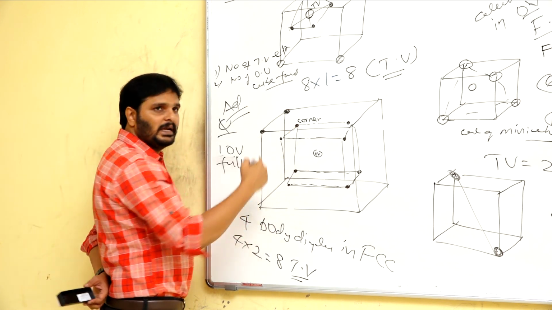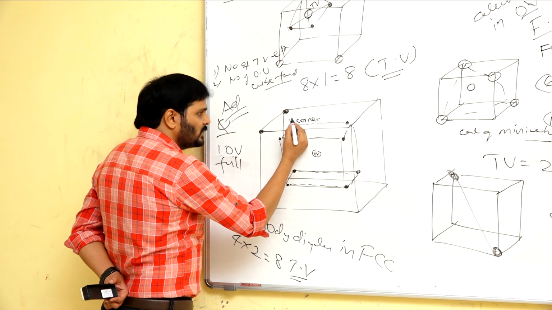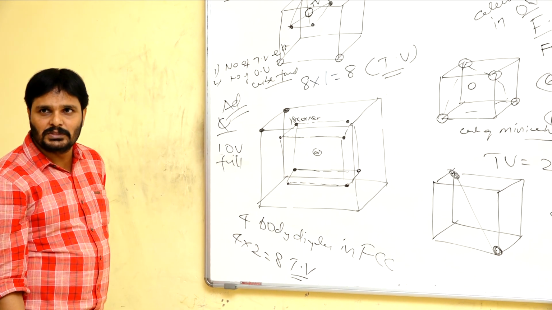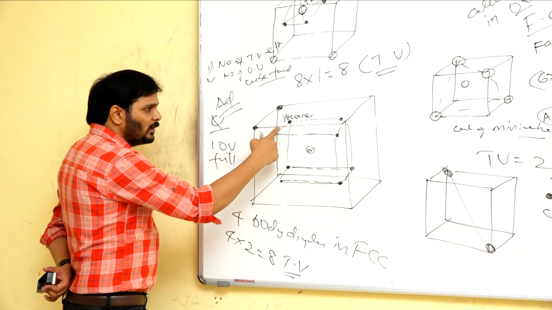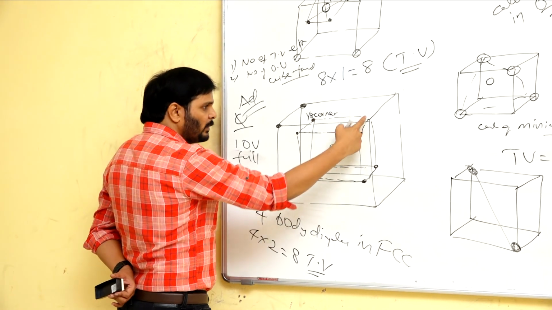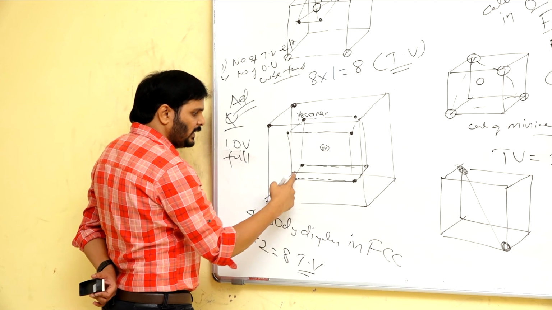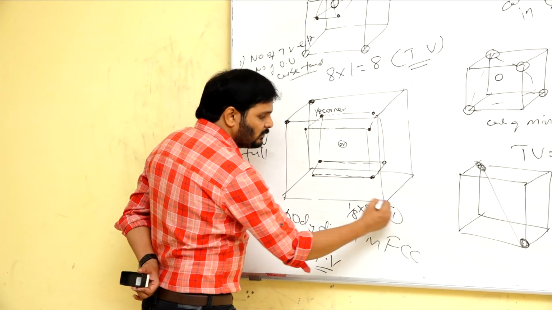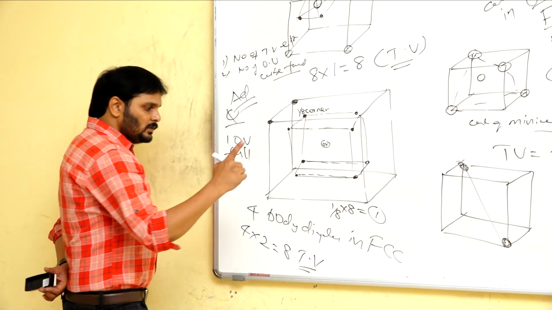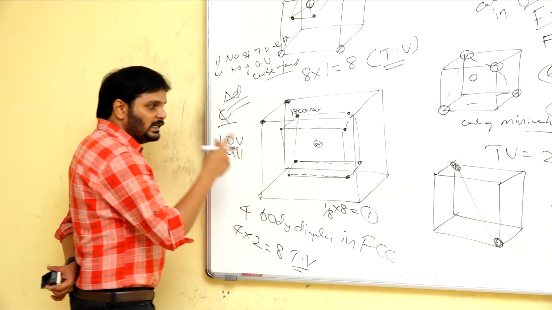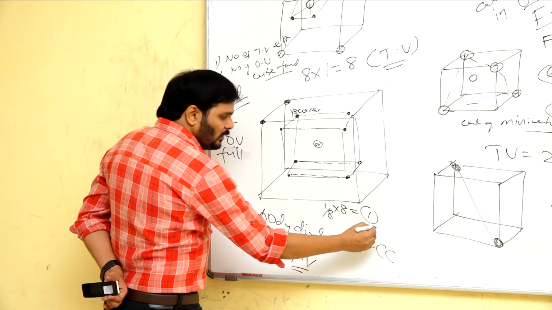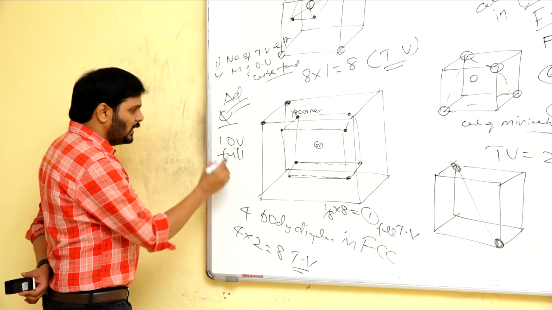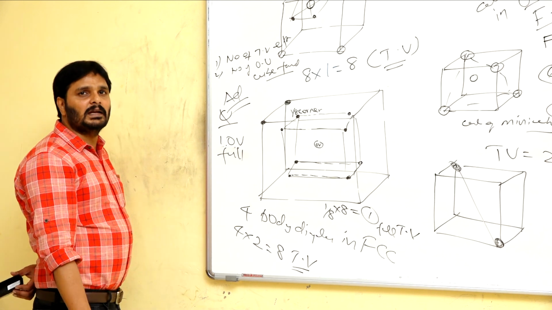If it is formed at the corner, the contribution to each one is 1/8. So like this, how many do you have? 1/8, 1/8, 1/8, 1/8, 1/8, 1/8, 1/8, 1/8. So the total, 1/8 into 8, is nothing but 1. So this mini cube inside the small cube contains one full tetrahedral void and one full octahedral void.